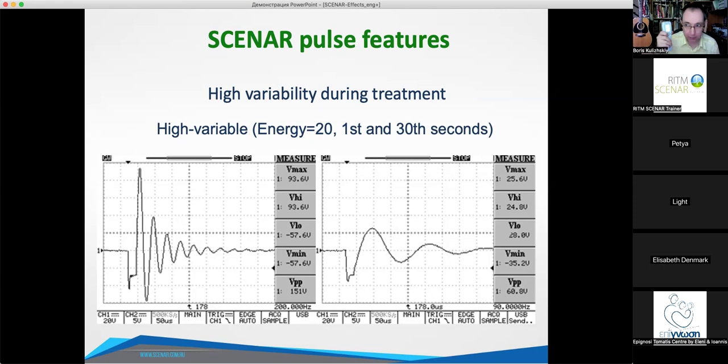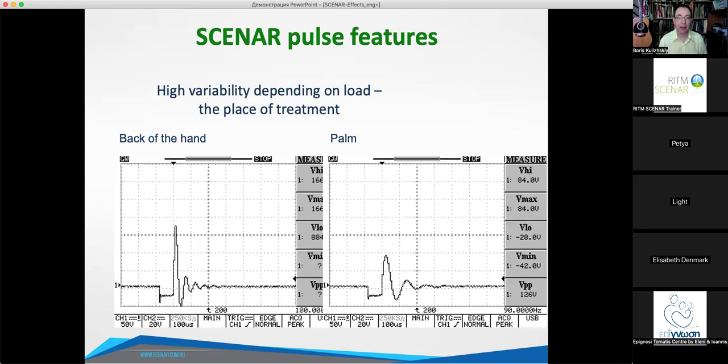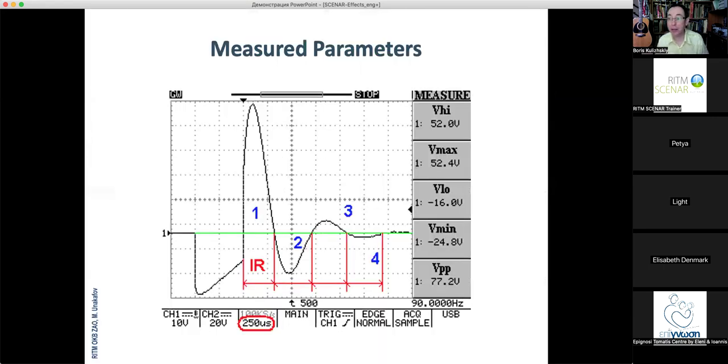Switch on your scanner device in the dose mode. In the dose mode, you can see the reaction. Reaction is a time, the time of a half wave, measured in microseconds.